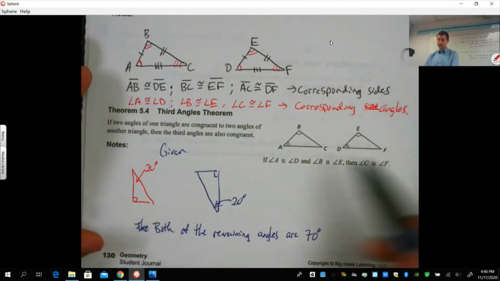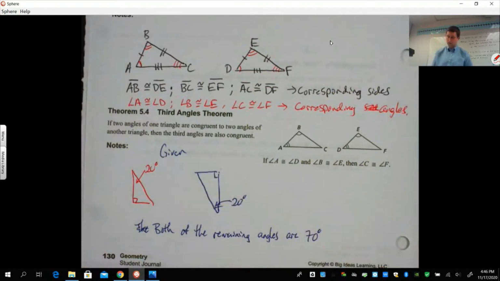All that's saying is if 2 angles are congruent, the third angle has to be congruent to the other one as well.